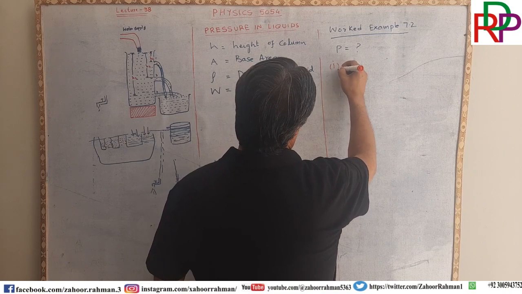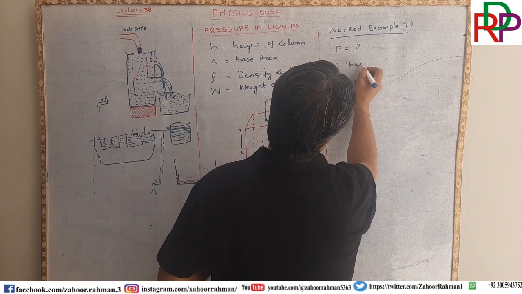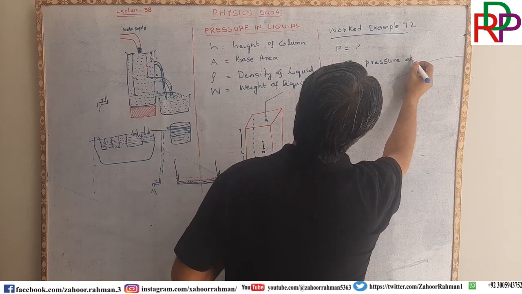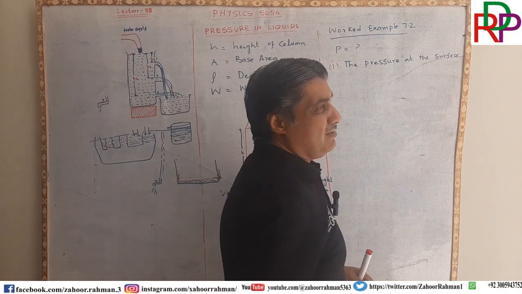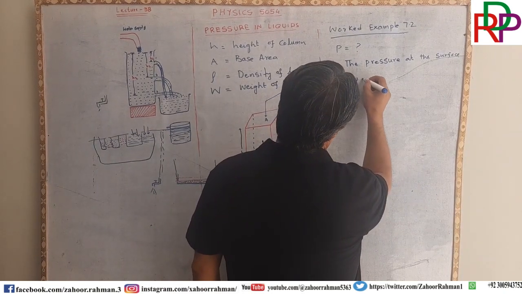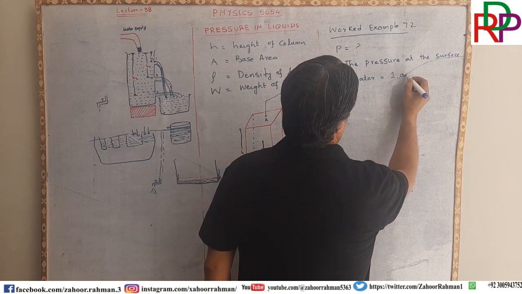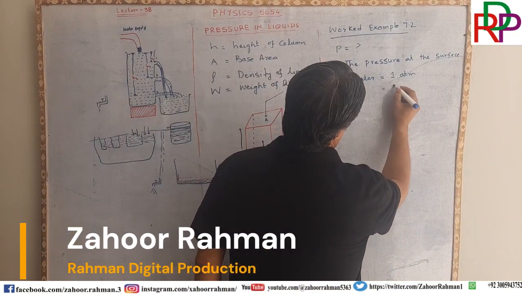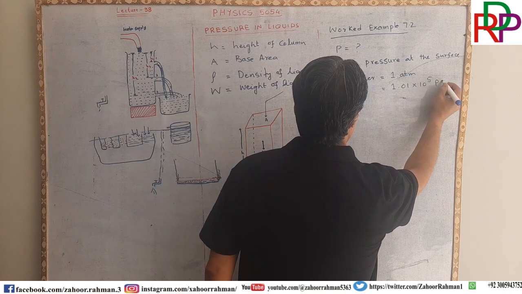So in part 1, we will write that the pressure at the surface of water is equal to 1 atmospheric pressure, which is nearly equal to 1.01 into 10 raised to the power 5 Pascal.